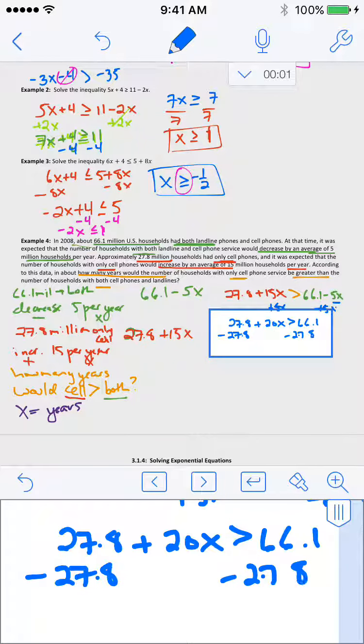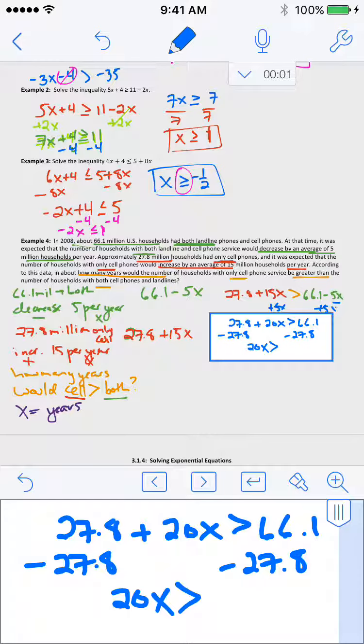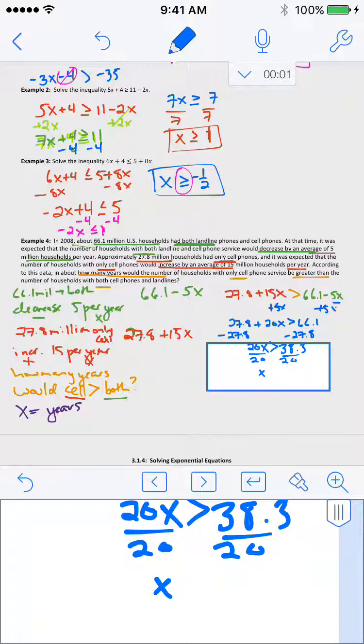You get 20x is greater than 38.3. Divide by 20. And you end up with x is greater than 1.915.